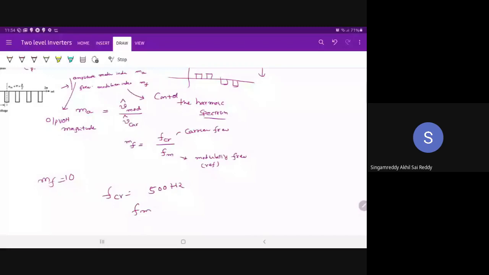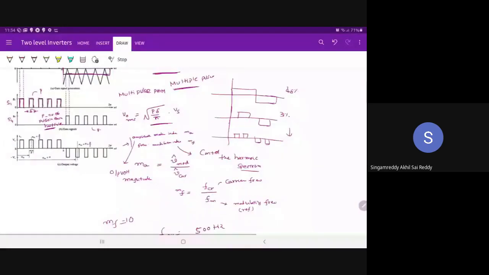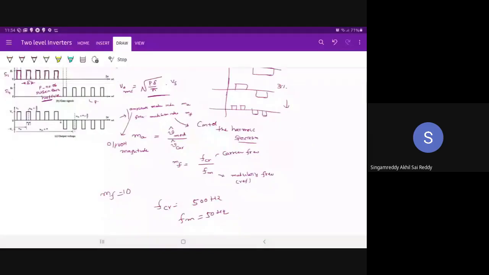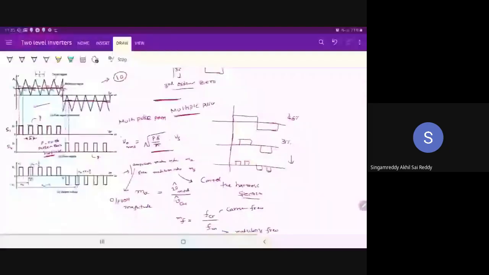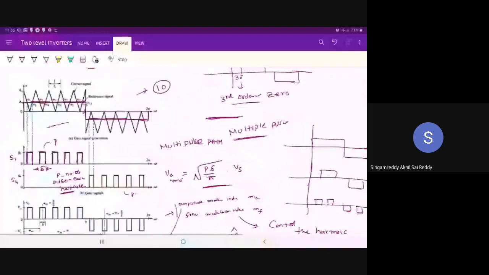So when calculating the carrier frequency, you must consider how many carriers are present in one cycle.